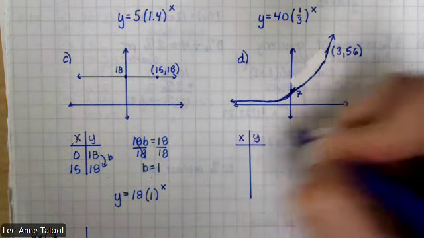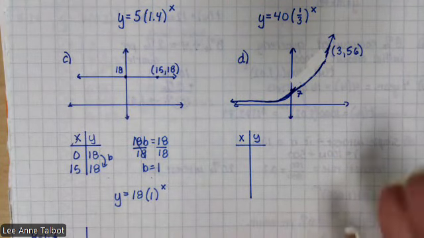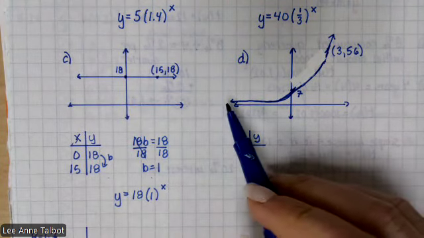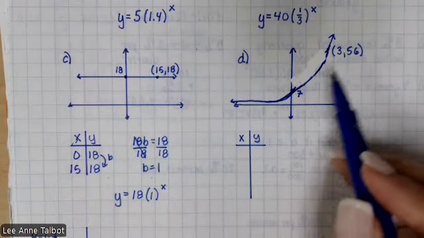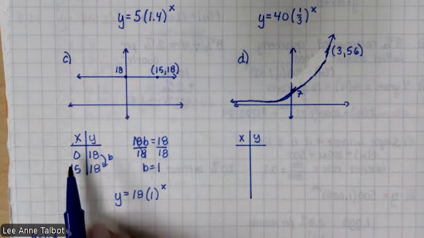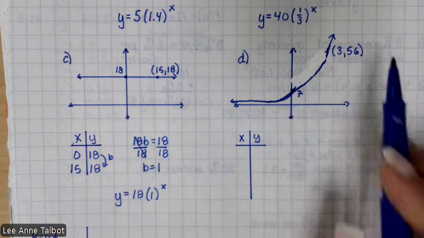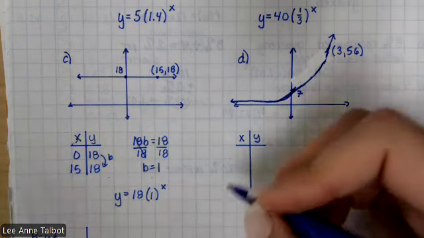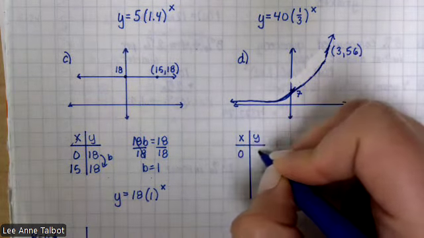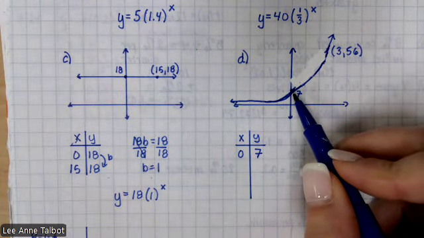Okay, now we're going to get to one that's more challenging. That's D. And this is very important. So we have numbers that aren't right next to each other. It didn't matter in this one because it was 18. But in this one, it really matters. What I want you guys to do is start with 0, 7, which should make sense from my ugly point right here.